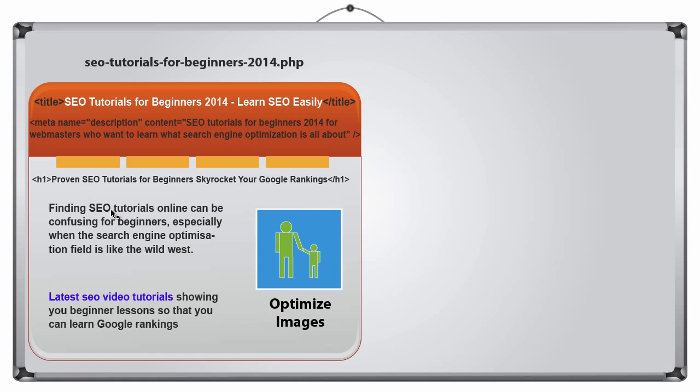So I utilize that instead of saying finding SEO tutorials online. And then when the SEO field is like so on, okay? So what I'm trying to say to you is choose keywords, but also mention related terms, because not only will you rank for the keywords that you're targeting, you will also be able to rank for the related terms as well, okay?